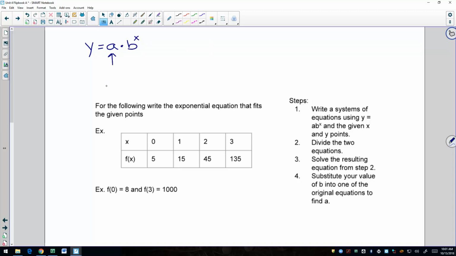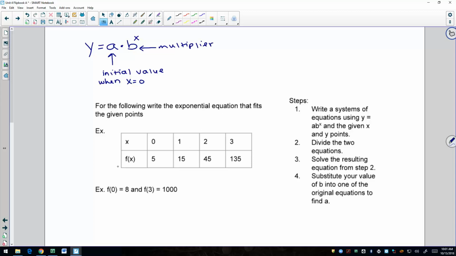Again, A is your initial value when x equals 0. What do you get when x equals 0? B is your multiplier. Sometimes you're going to have to find it, and sometimes you will be given it. So you just got to plug it in.